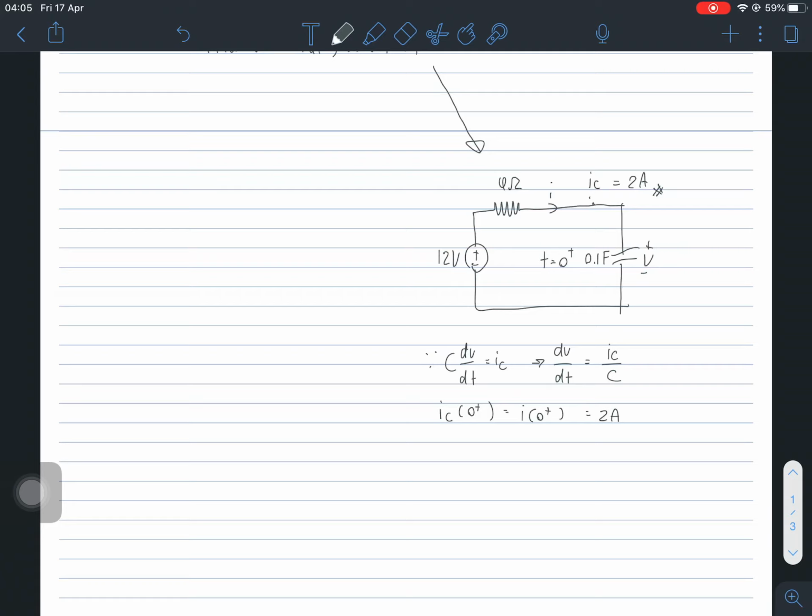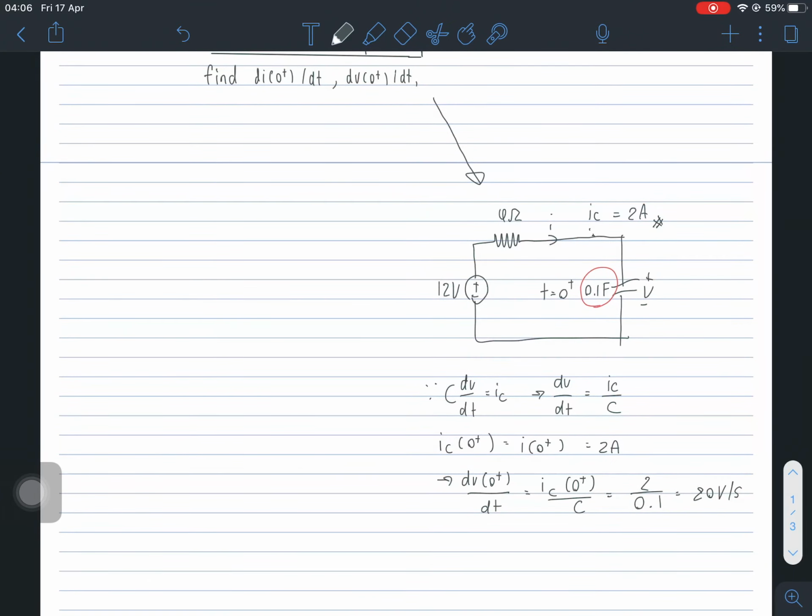Okay, so we know that dv(0+)/dt equals iC(0+) divided by C. So it is equal to 2 divided by 0.1 from the capacitor, and it is equal to 20 volts per second. And this is the answer.